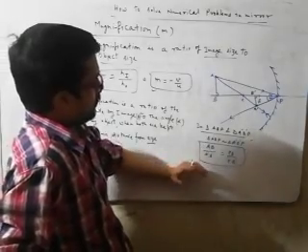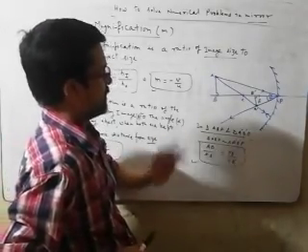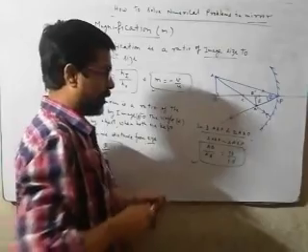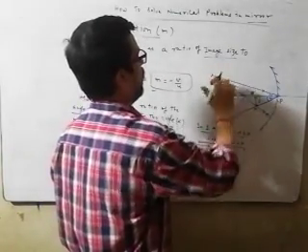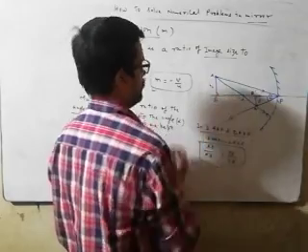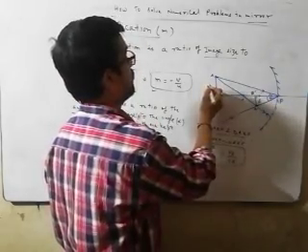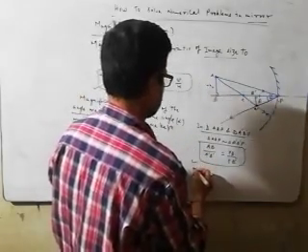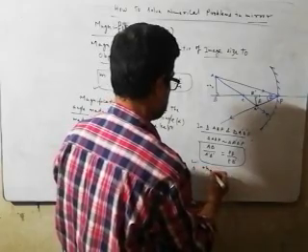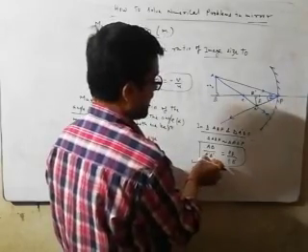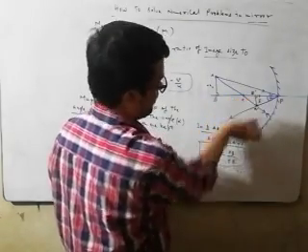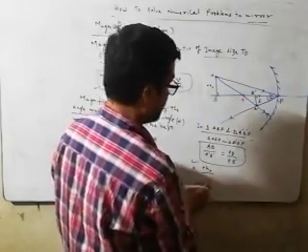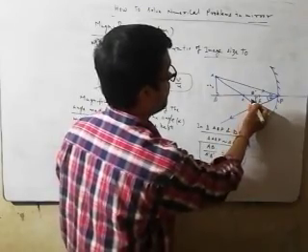So now, using appropriate sign convention, we know that AB is the object size HO, and HO is always taken positive, so plus HO. A'B' is a real and inverted image, below the principal axis, so we take it negative, and this is image size, so minus HI.